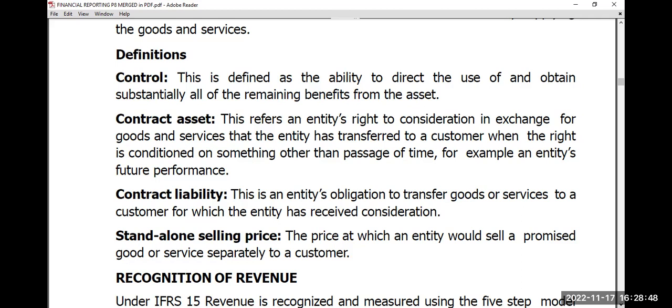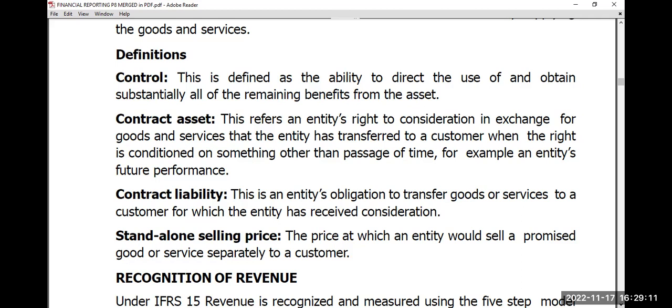Since we are using the accrual basis when preparing these financials, you may deliver the goods or provide the service now, but the payments are going to be made in the future.